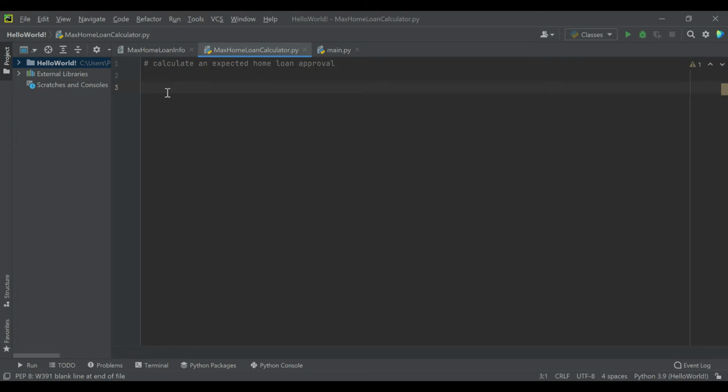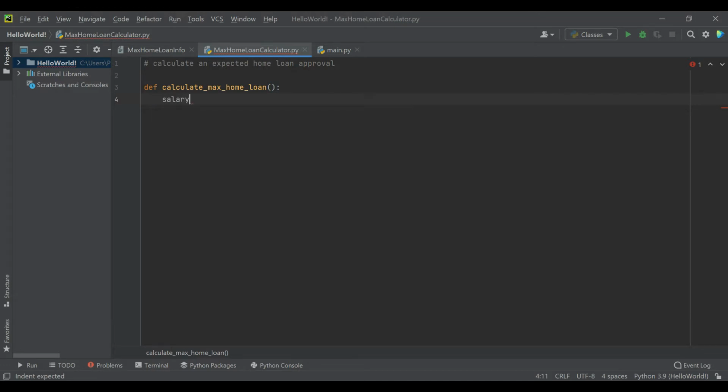So the formula for calculating an estimated home loan is pretty straightforward, but the way we're going to do it, we're going to start with our function, def calculate_max_home_loan, and we don't have to pass any parameters into this because we're going to handle getting the parameters inside our function.